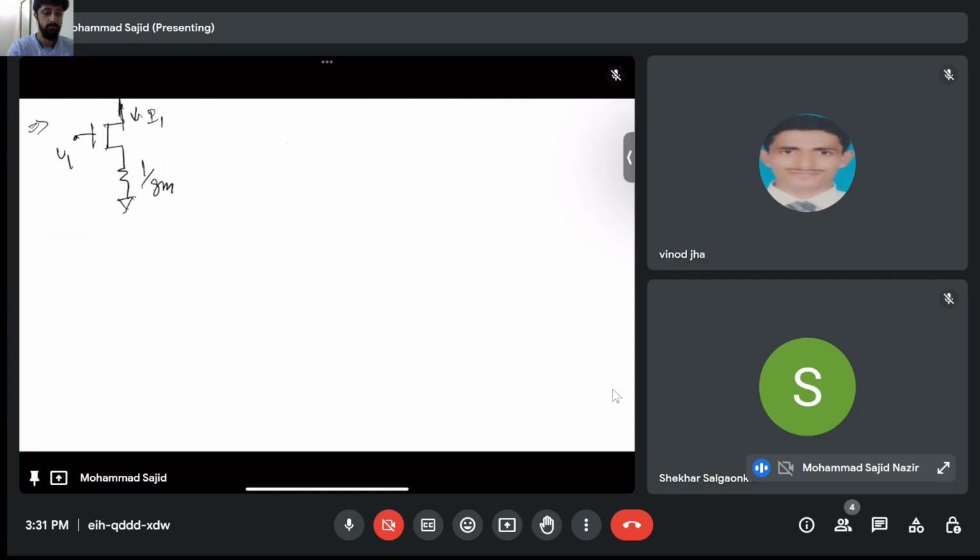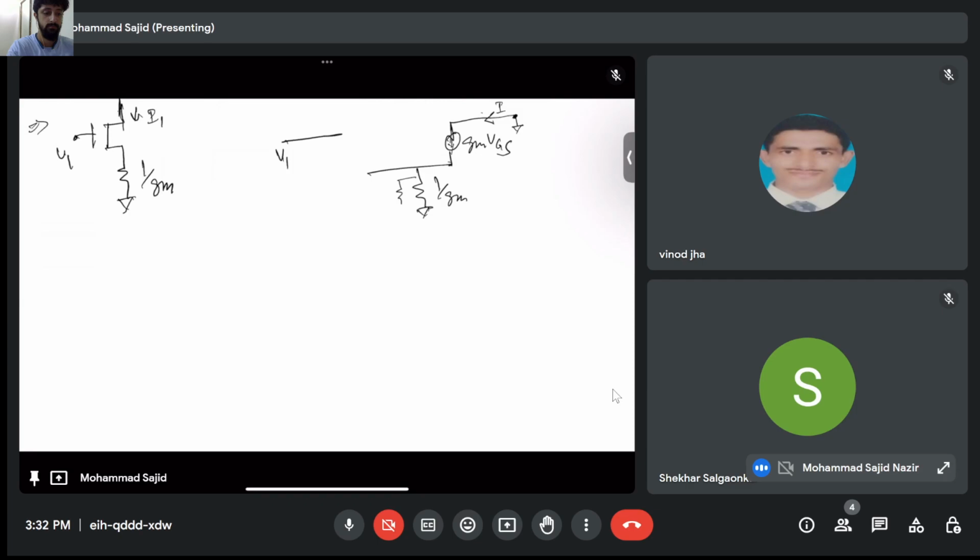Okay, let's draw the equivalent circuit. This is Gm VGS, alright, and your V output is shorted. So this is ground.